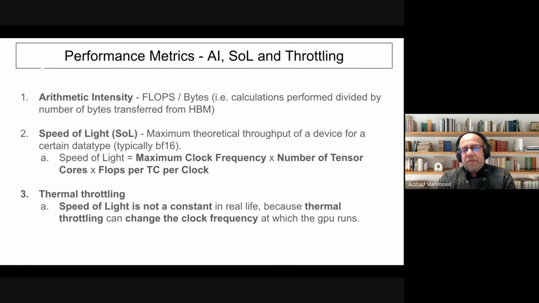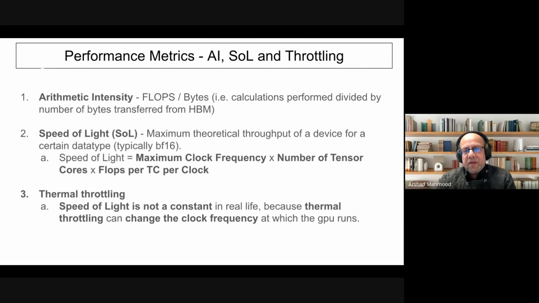In terms of performance metrics, the main one is arithmetic intensity. What we're really interested in is, are all the compute units busy, and how busy are they? Typically this is measured by the number of floating point operations that your kernel does divided by the number of bytes that are transferred from global memory.